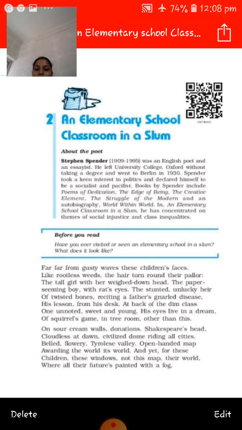Let's move on to the next line of this stanza: the walls are in bad condition, and Shakespeare head, cloudless morning, or civilized dome is seen throughout the city. Such is the view of the city, with the ringing of bells and the scent of flowers. The sound of bells is heard everywhere, and the fragrance of flowers.